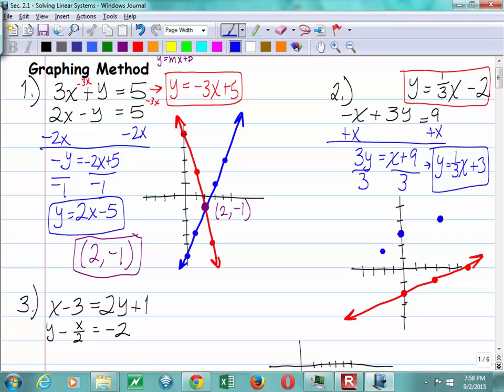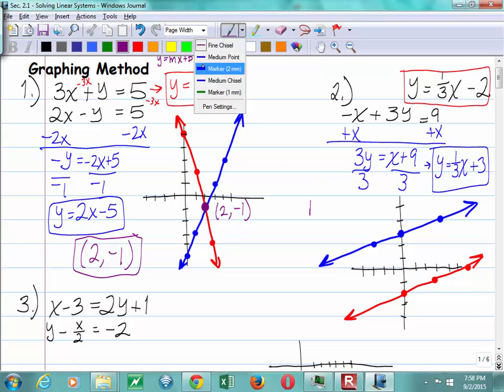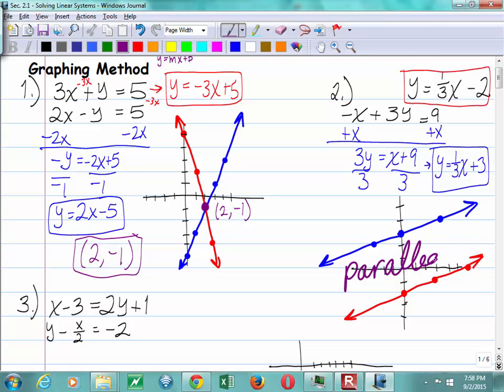And I'll also go down 1 and backwards 3 just for fun. Okay, so since these two lines have the same slope, they are obviously parallel, and they're never going to intersect, which means that this system has no solution. Okay, so no solution.